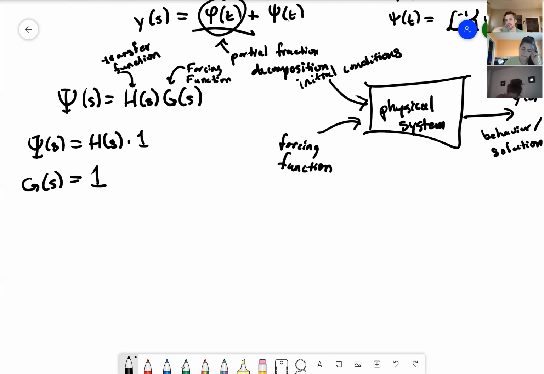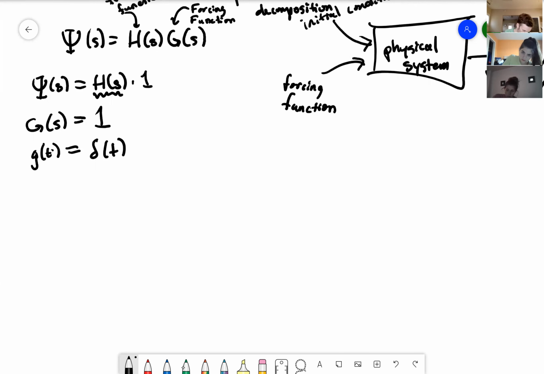But what this gives us is that g of t is the Dirac delta function. This is a simplified input that we can give to the system so that the way the system behaves is completely contained in this capital H of s.